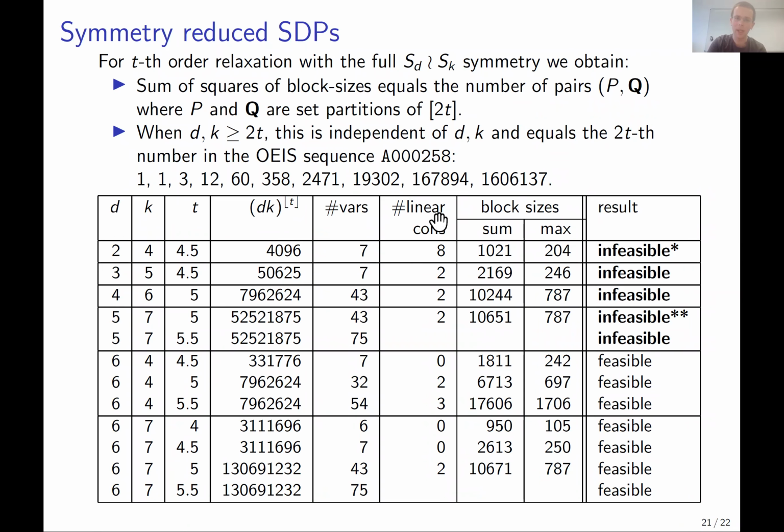Then there's one column that I skipped, the column of linear constraints. After we finished our article, we talked a bit to Stefano Pironio, and he pointed out that we might have been missing a few linear constraints because of the way we implemented the variable reduction part, which I haven't talked about today. Afterwards, we've been working on finding these missing linear constraints, and that's what I've shown in this column.